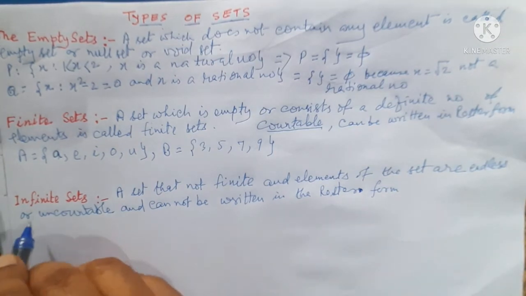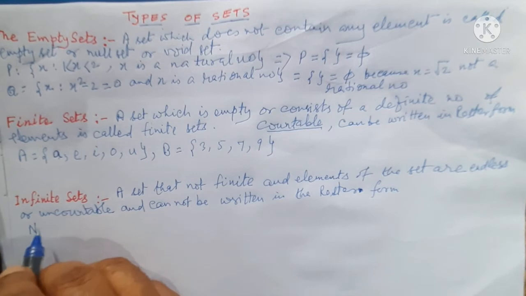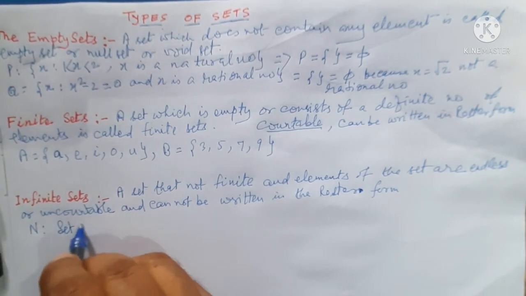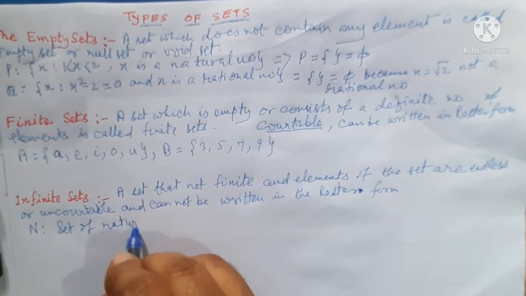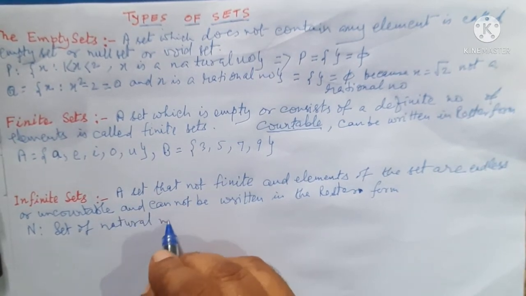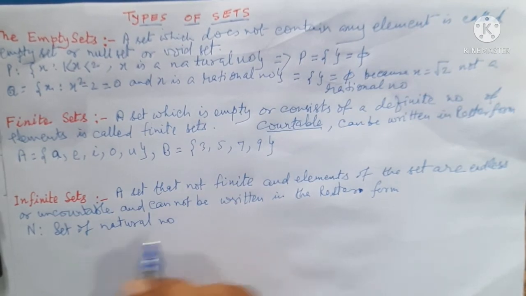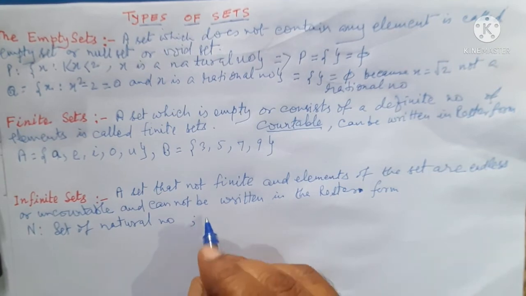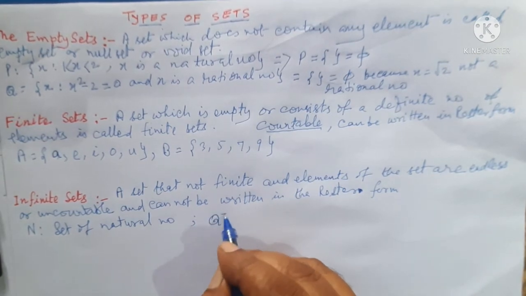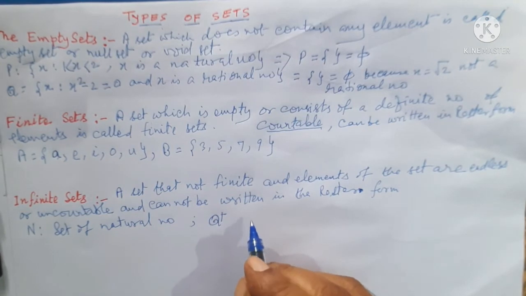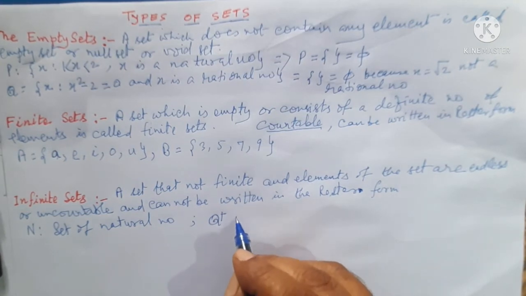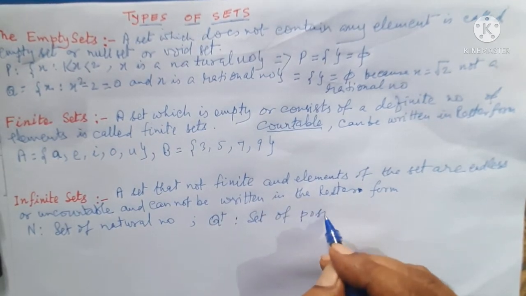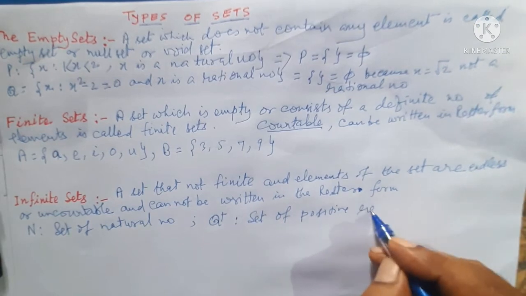Such as, for example, natural numbers. N is the set of natural numbers. This is infinite. Another example is Q plus, the set of positive rational numbers.